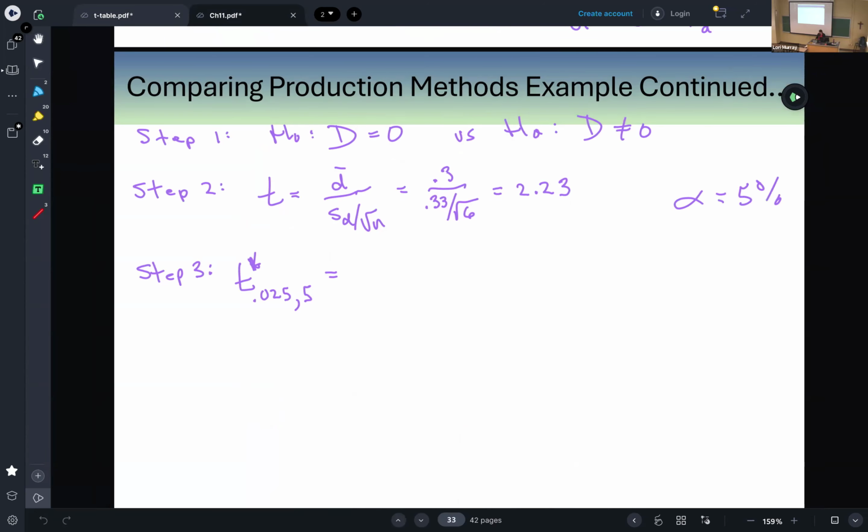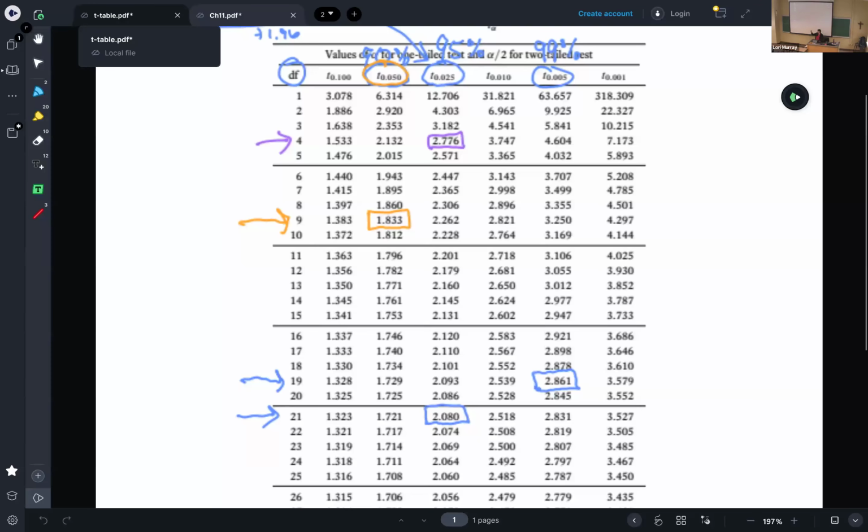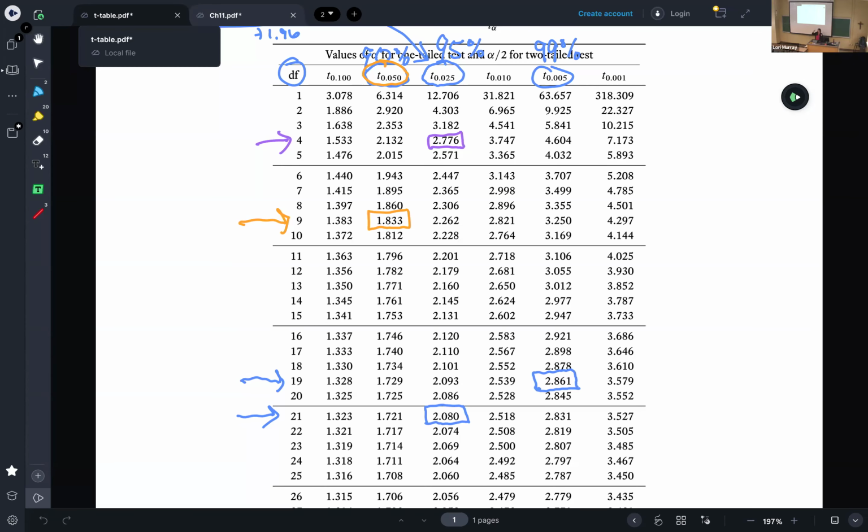It's a 2-sided test, so we're going to divide alpha by 2, right? So it's going to be this column here. 5 degrees of freedom, because there were 6 workers. We're going to use this value right here, 2.571.